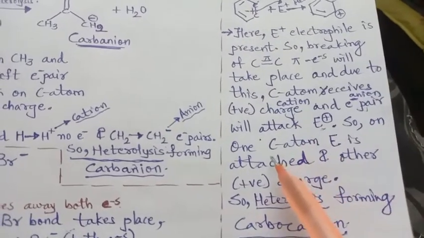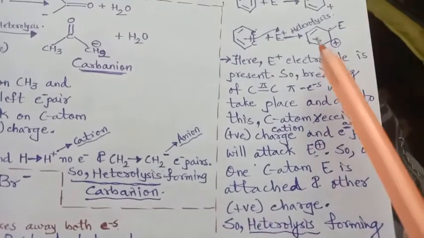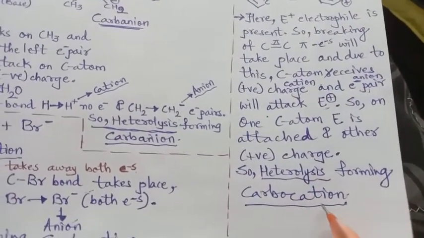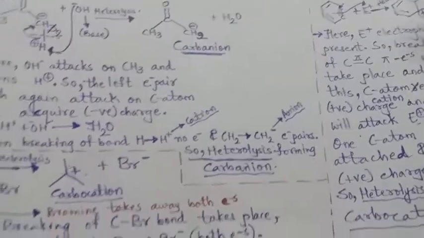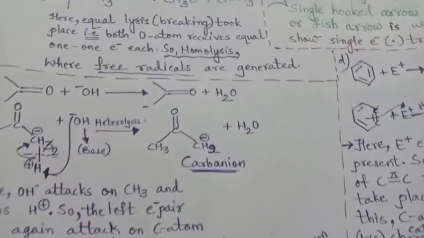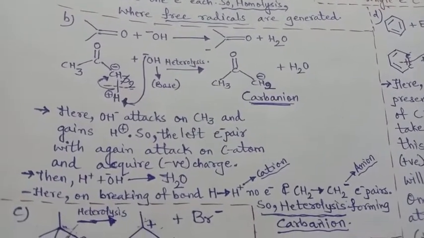So on one carbon atom E is attached and the other has a positive charge. So here heterolytic cleavage is forming, and it also has a carbocation. Right? So this is how you will be able to understand how the intermediate carbocation, carbanion as well as the free radical are produced.